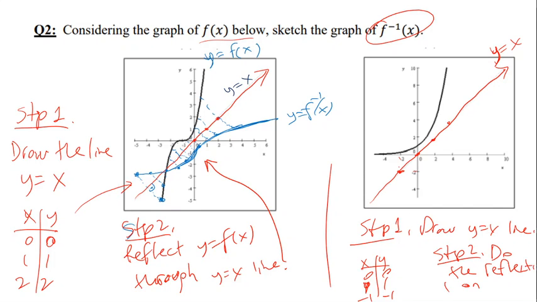Do the reflection through the y equal to x line. Now it means you have to take some points here. So you take the point here and look at it. Okay, now we will do it roughly, but if you do it point by point, it will be better.